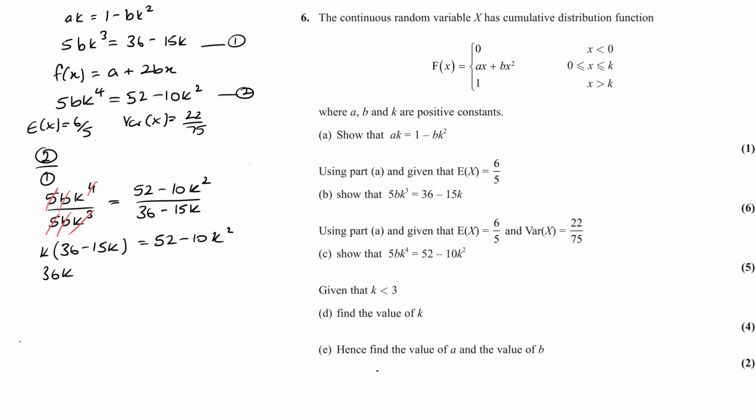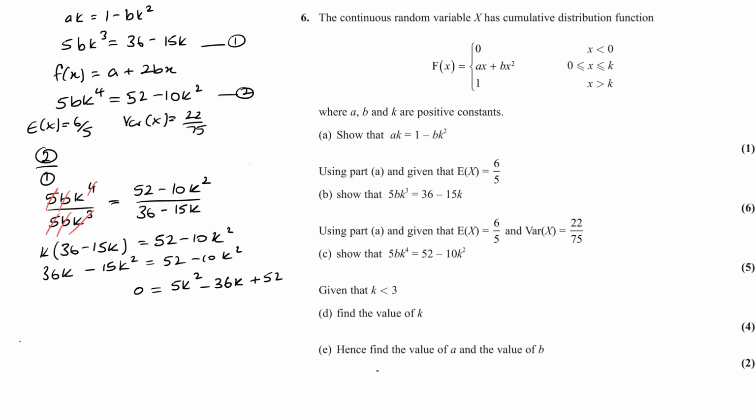So 36k minus 15k squared. Just fill the rest of that in. And then let's just simplify. So add the 15k squared would give me 5k squared minus 36k plus 52.